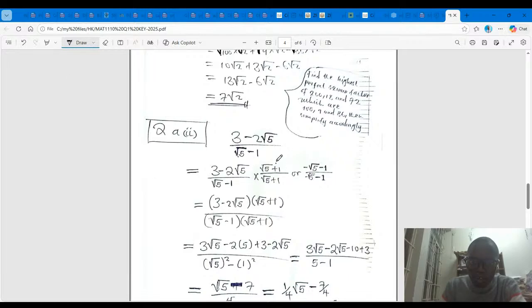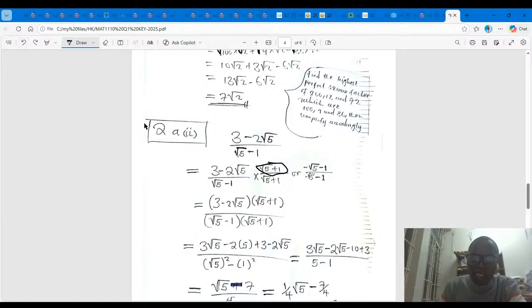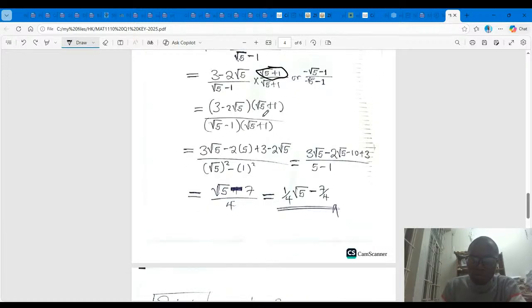Therefore, the numerator here multiplied by the numerator here, that is giving you this part here. Then the denominator multiplied by the denominator, that is giving you this. Then I know that the denominator is just the difference of two squares.